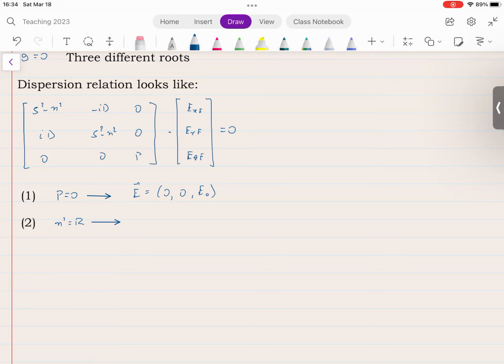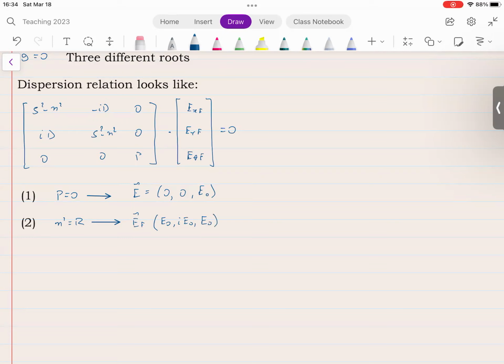Okay, second and third case, they're similar. Now I'm going to write the answer as the book does in terms of the Fourier transform. And this is going to be E0, plus I E0 and E0.